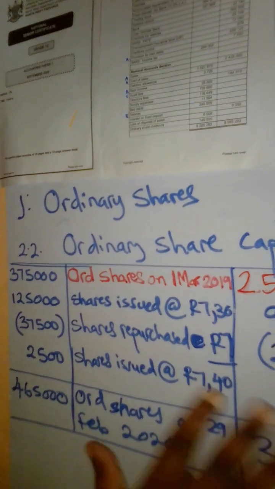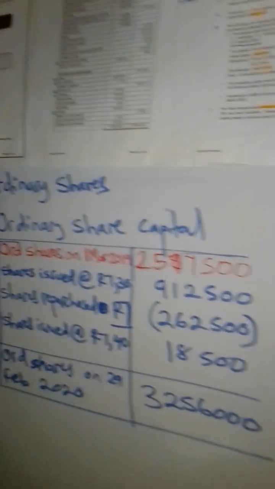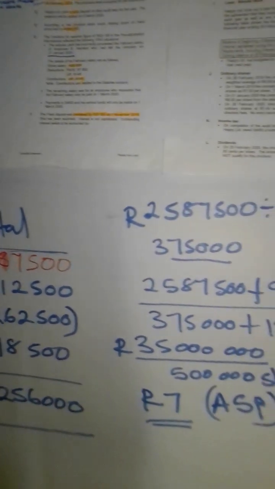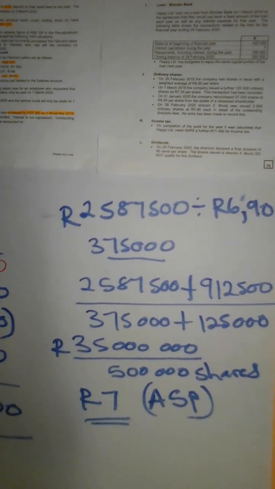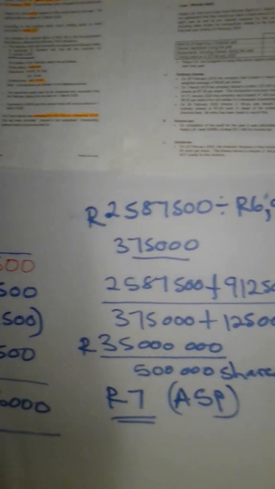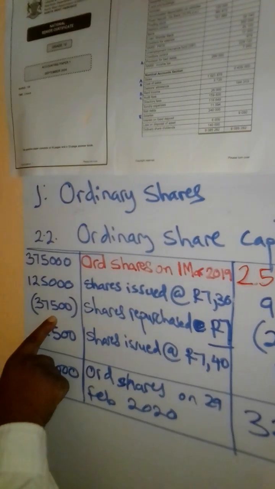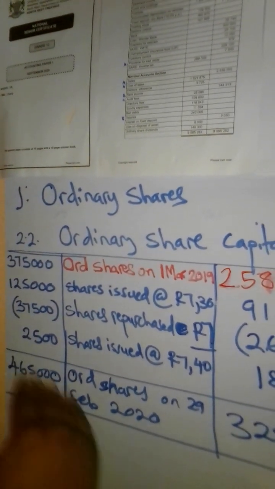So most of the work is actually here, on you calculating the average share price. You need to remember, whenever there is a repurchase of shares, we need to find the average share price first before we can multiply with the number of shares. How do we get the average share price?